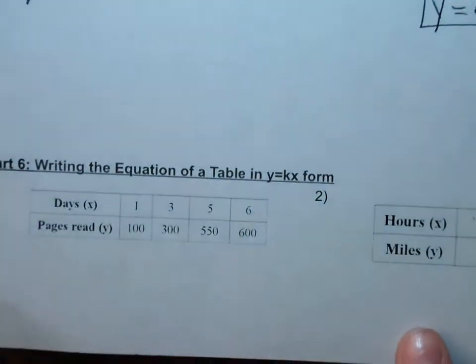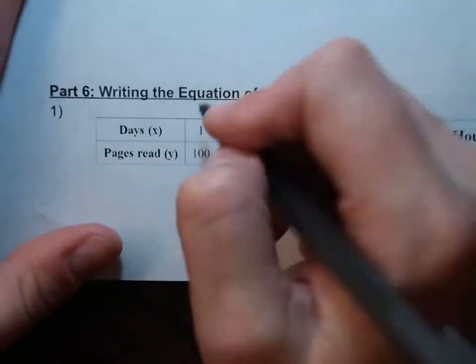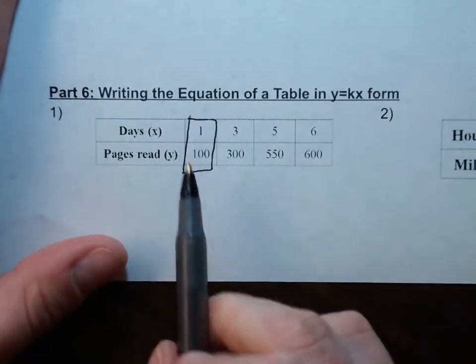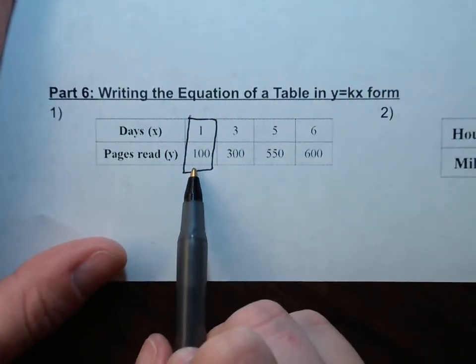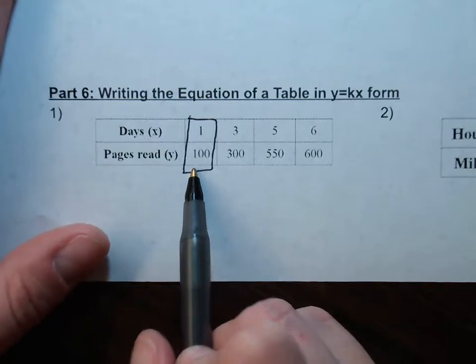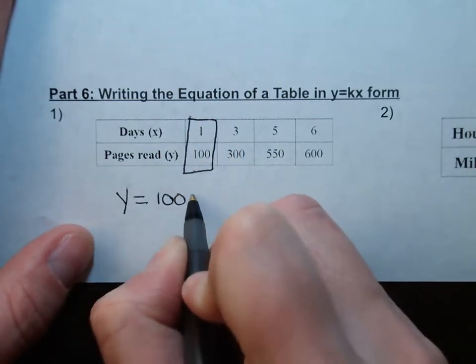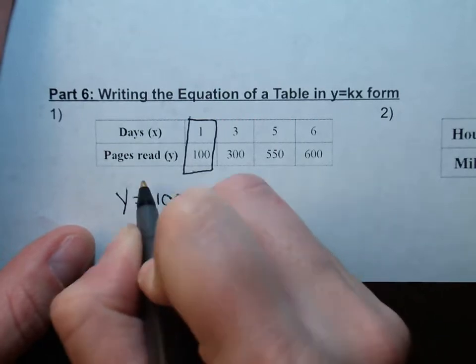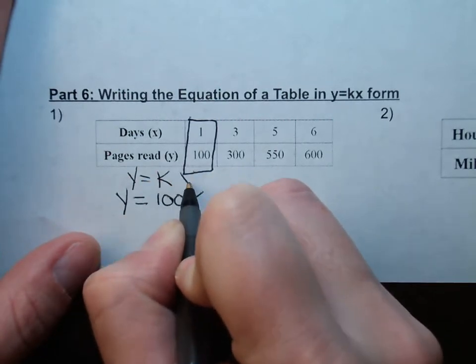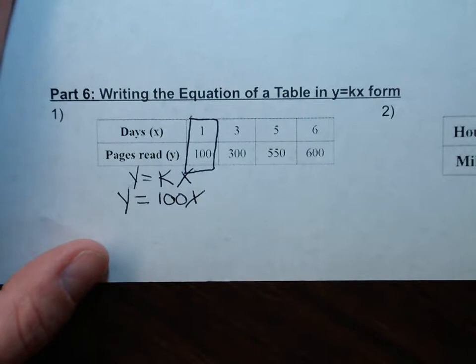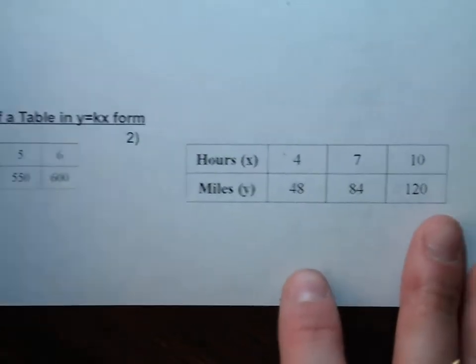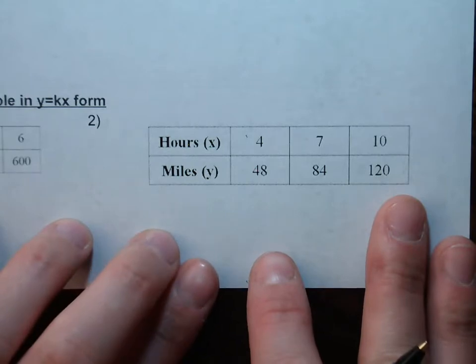We also need to be able to write the equation of tables. This is the same table from the last section, and we determined that our constant of proportionality was 100. So I have y equals 100x, because remember it's y equals kx, and you plug your constant of proportionality in for k. We look at number 2.